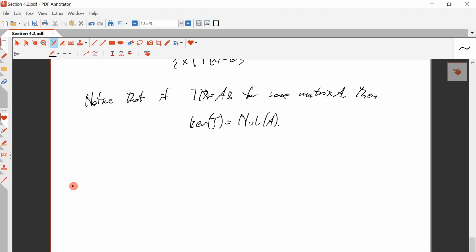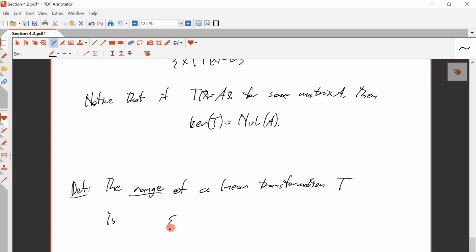vector spaces. And then the other idea is that the range of a linear transformation T is the set of all b such that T of x is equal to b for some x in the domain.